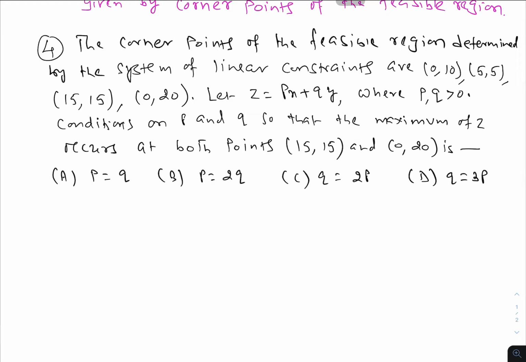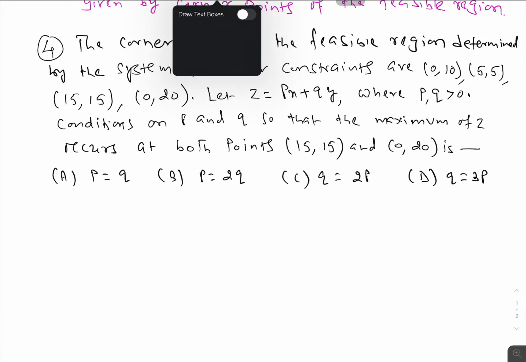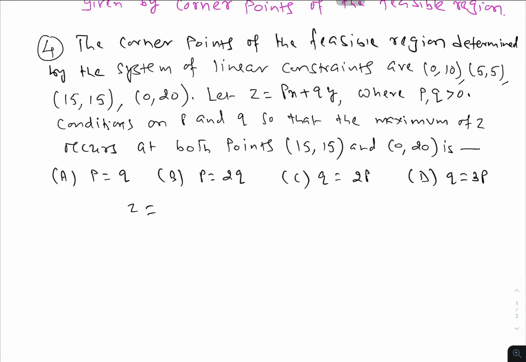Now see, you are having Z as Px plus Qy. Now you are given the maximum of Z occurs at both 15 15 and 0 20.